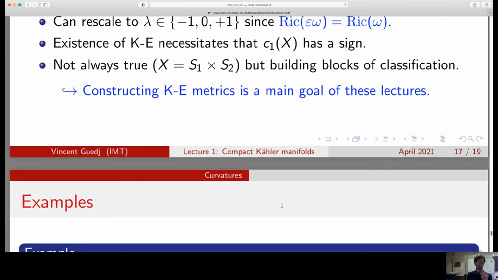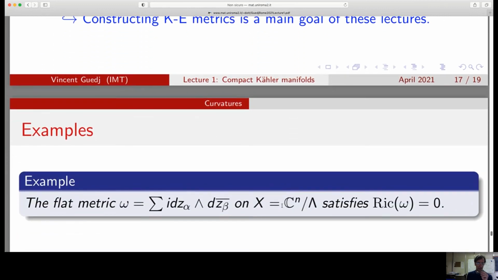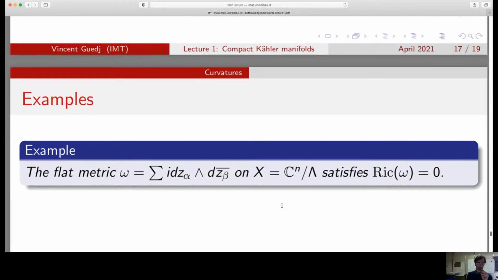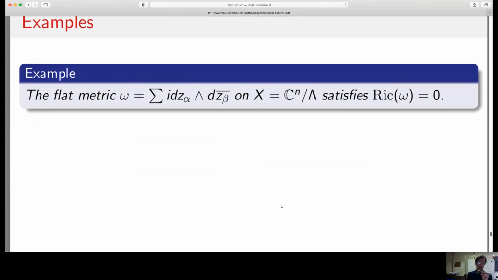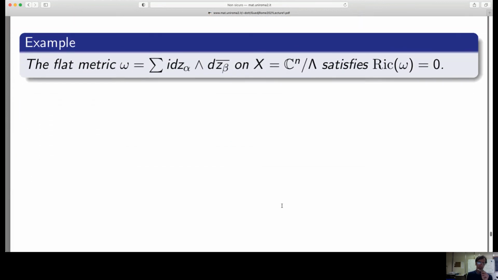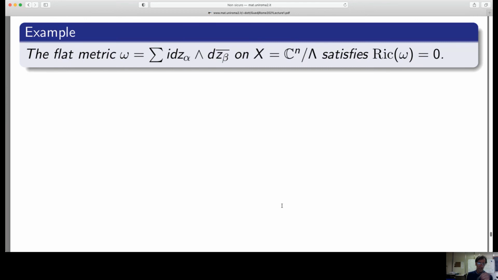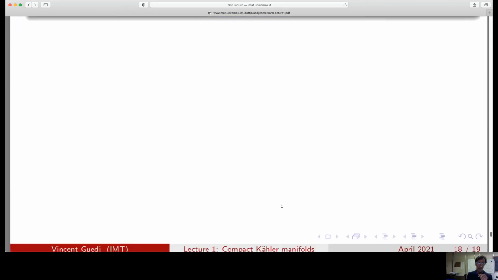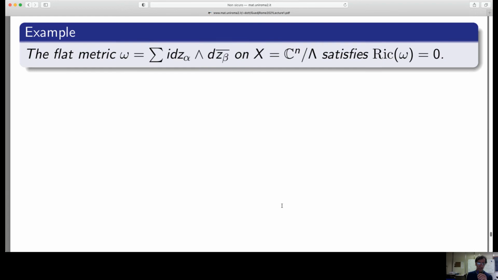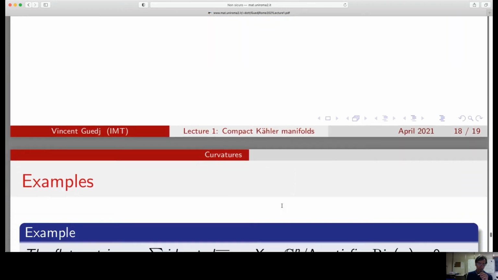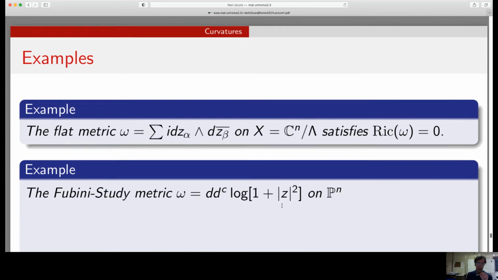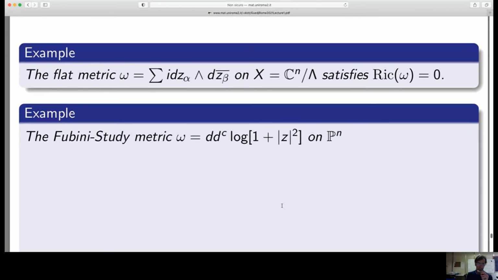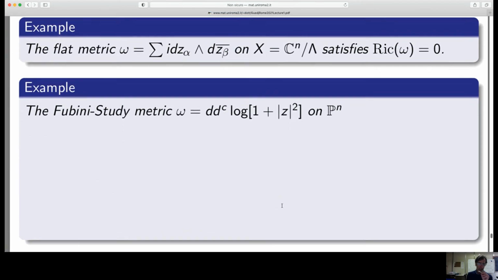The construction of Einstein metrics is essentially the subject of this course of Professor Gage. Examples are a flat torus: a torus with a flat metric coming from Cn is Kahler-Einstein because the Ricci is just 0, being a flat metric. Another example is, again, the Fubini-Study metric in Pn.